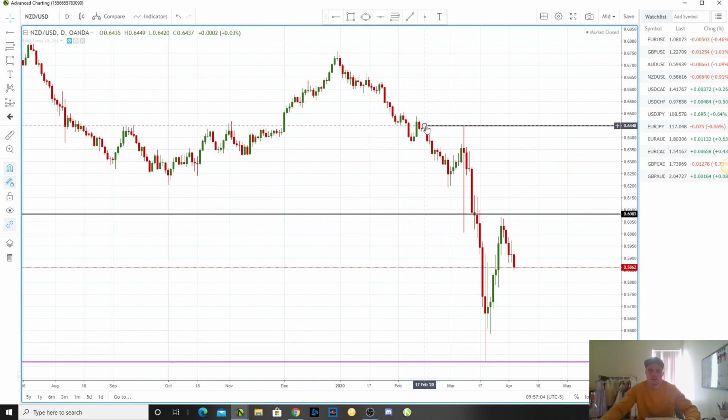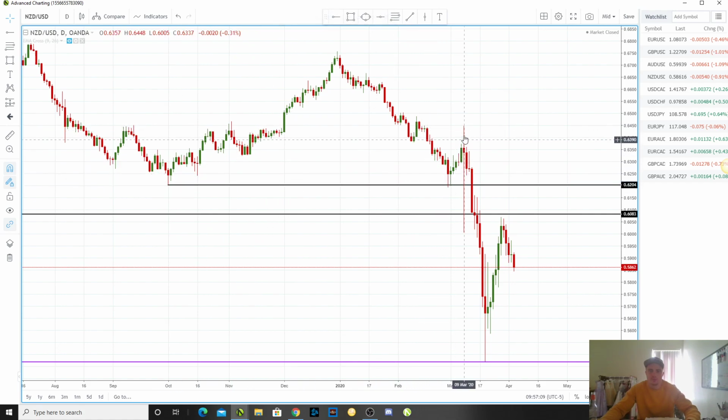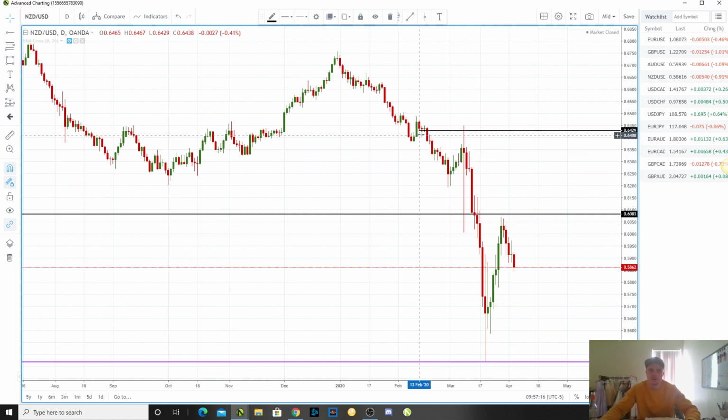So for me, there we go. The breakout crossed through the area of supply right there, so I don't use that.